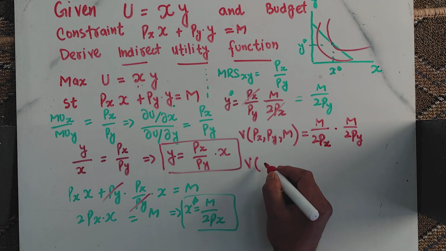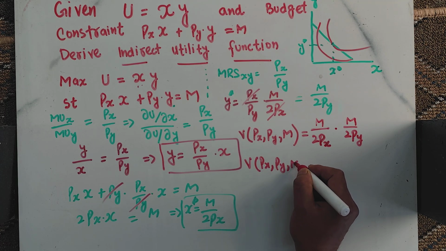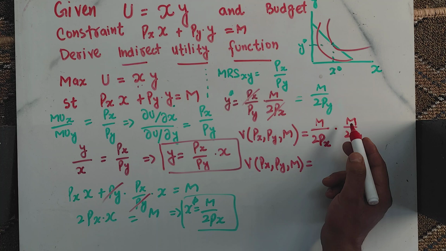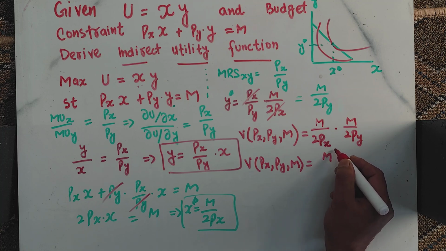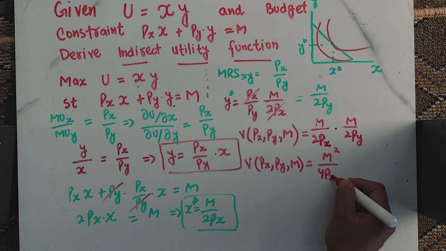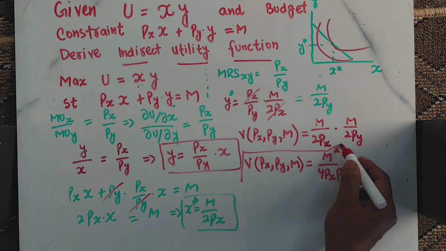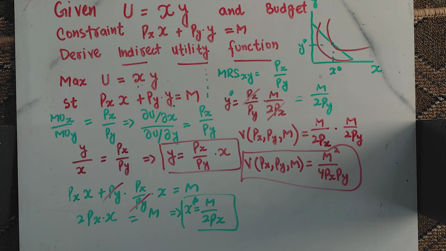So the indirect utility function, which is a function of prices and income, will be equal to m square upon 4 px py. This is our indirect utility function that we derived from the direct utility function and the budget constraint.